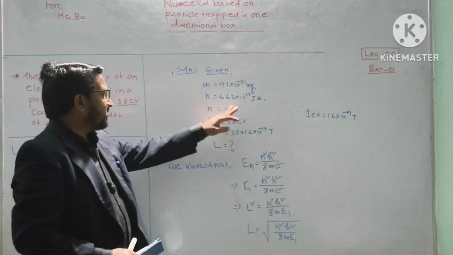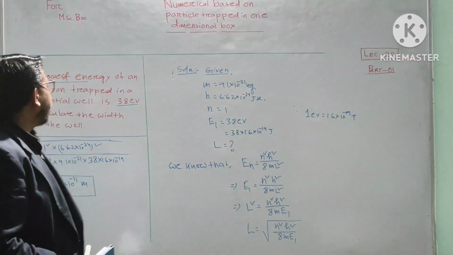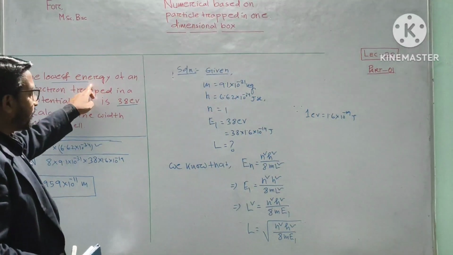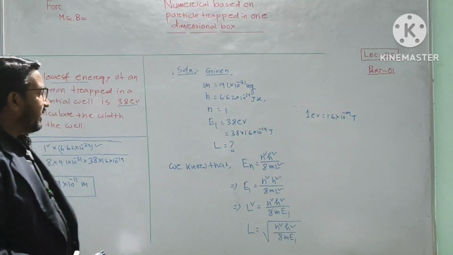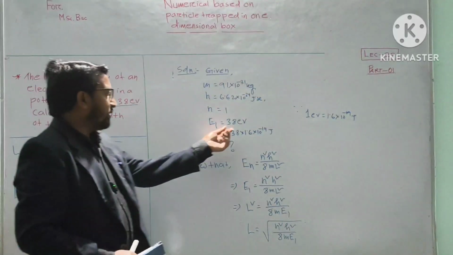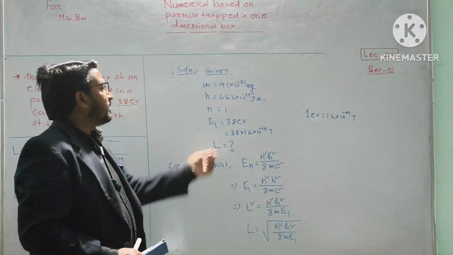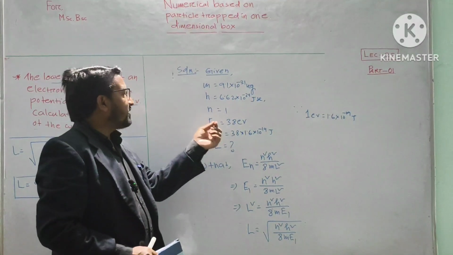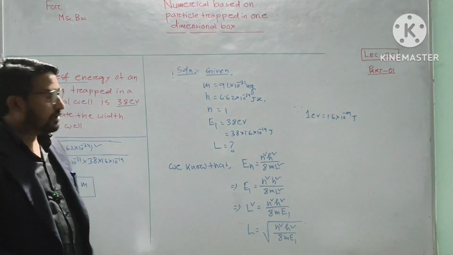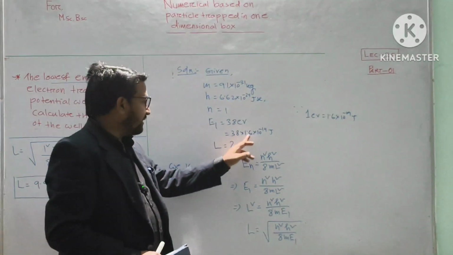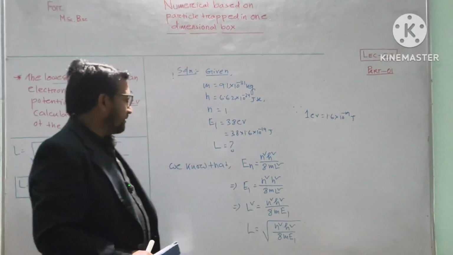Planck constant is 6.62 into 10 to the minus 34 joule second. Since it is the lowest energy, n equals 1 and E1 equals 38 electron volt. Electron volt is not the SI unit of energy, so we convert it to the SI system. 1 electron volt equals 1.6 into 10 to the minus 19 joule, so 38 into 1.6 into 10 to the minus 19 joule.